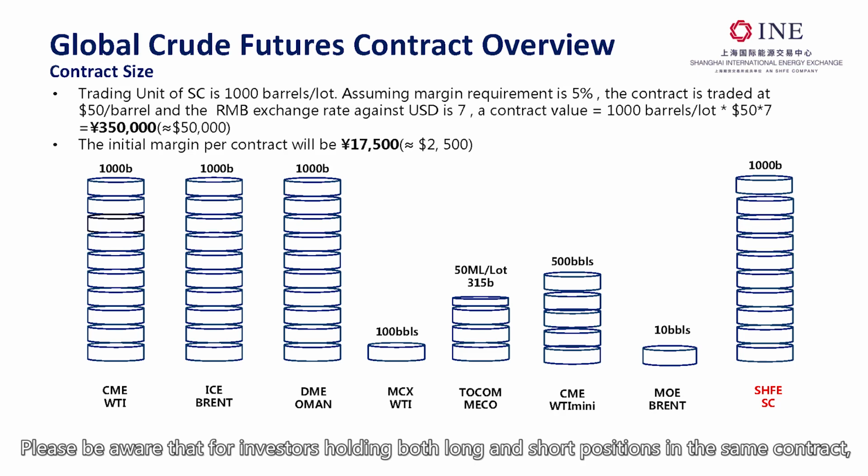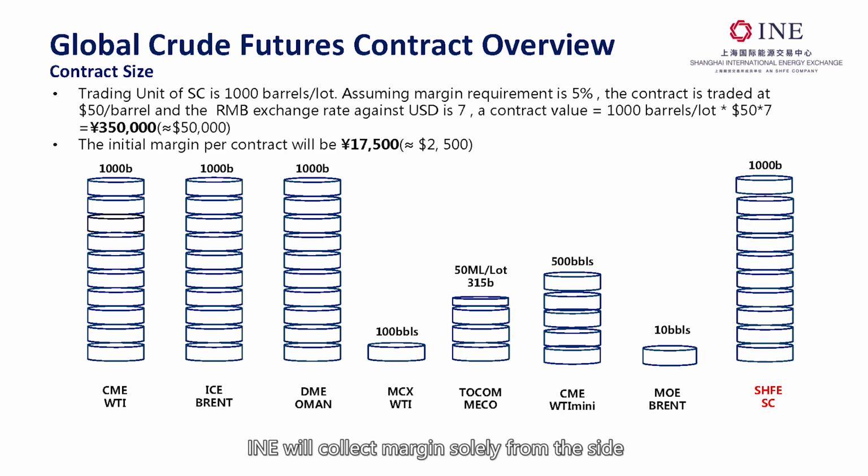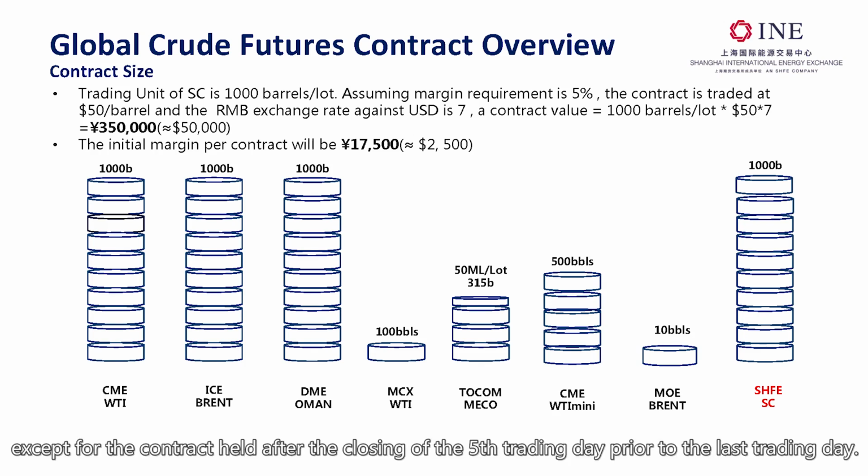Please be aware that for investors holding both long and short positions in the same contract, INE will collect the margin solely from the side for which a larger amount of trading margin is required, except for the contract held after the closing of the 5th trading day prior to the last trading day.